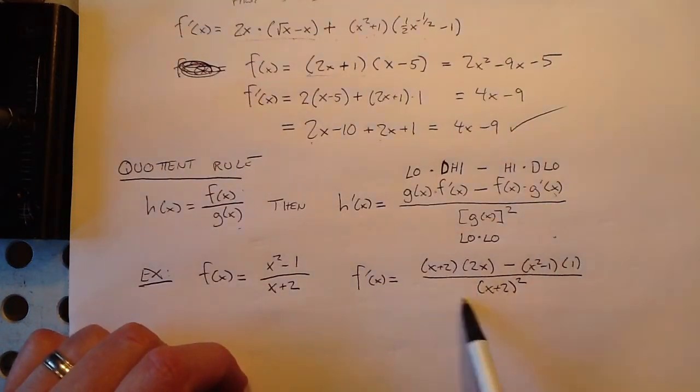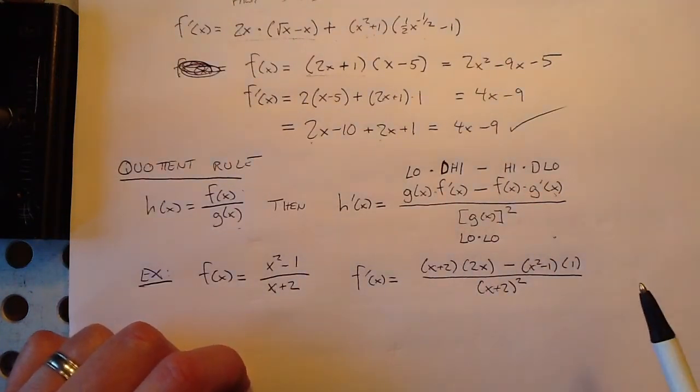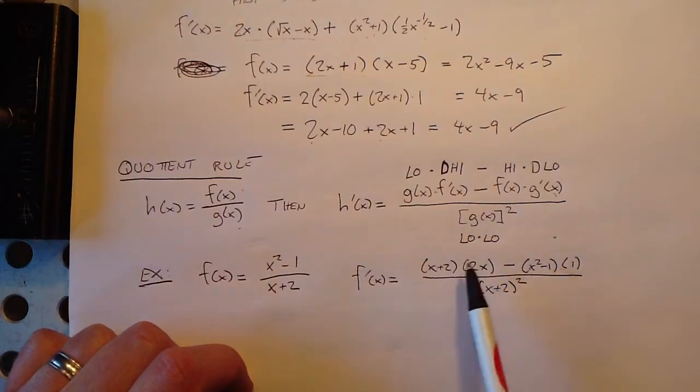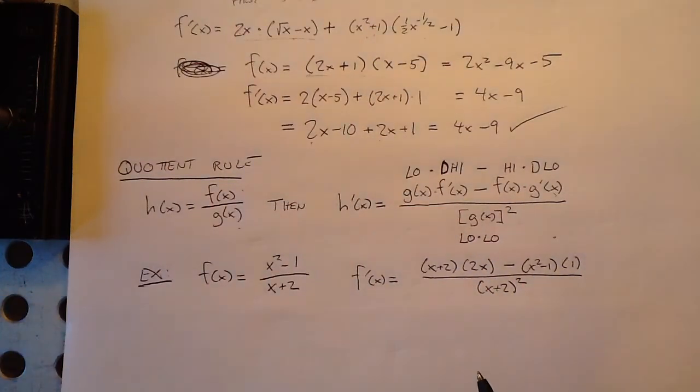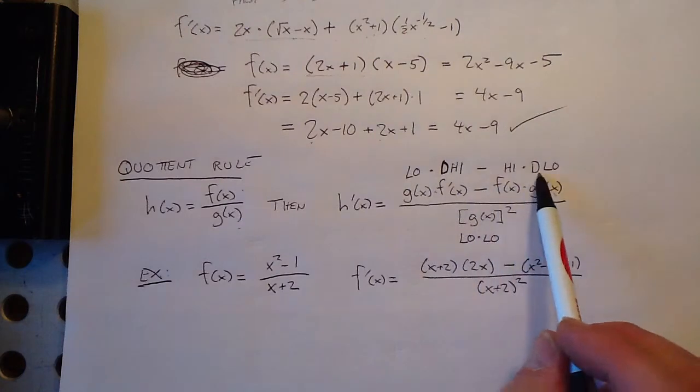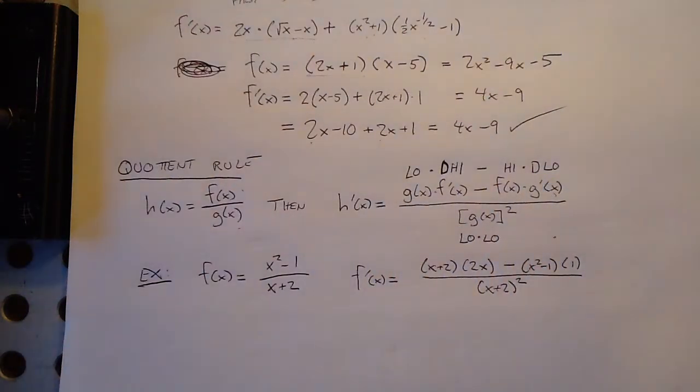Right? So they're going to look like this, right? I'm telling you, the most common mistake that people make is to mix these up, right? I'm even going to start saying it with that one first, because I want to get that into your brain. It's got to be low d high is the first term here. Now, how much simplifying do we have to do? Well, that's a good question. There's two answers to that.